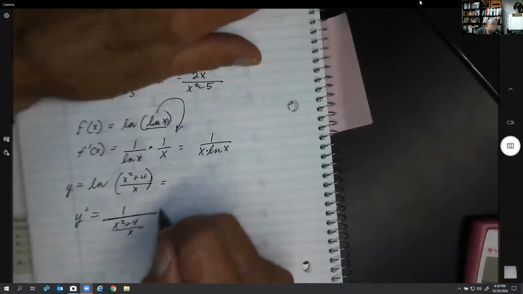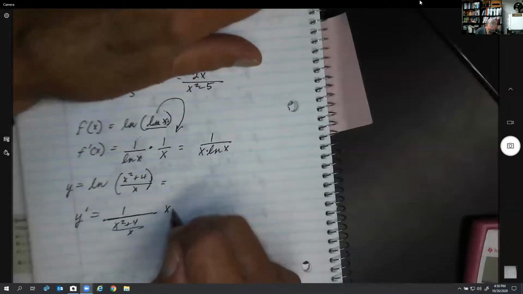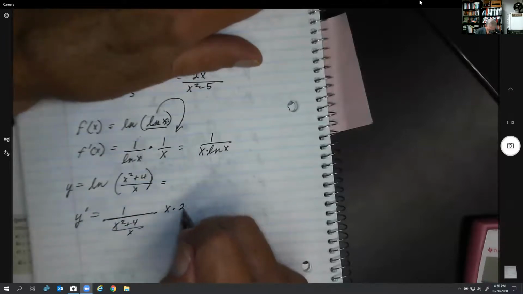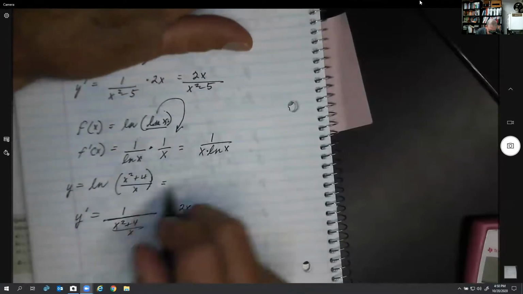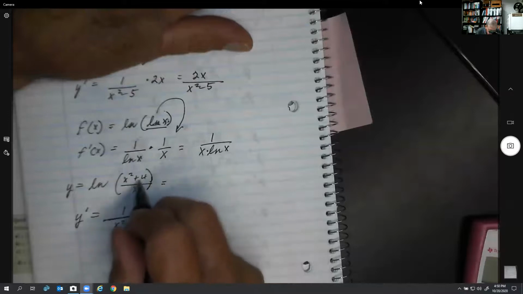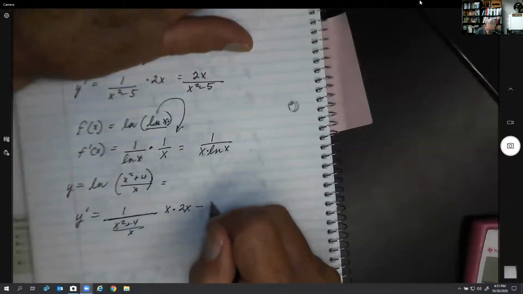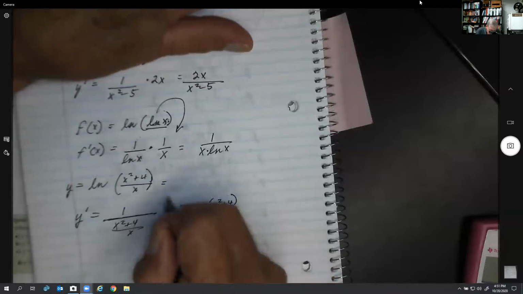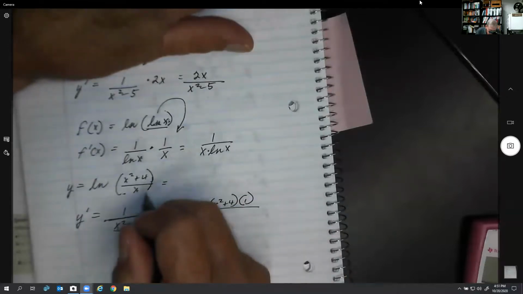So this would be times B times the derivative of A, which is 2x, minus, it should be minus though, minus A times the derivative of B, all over B squared.